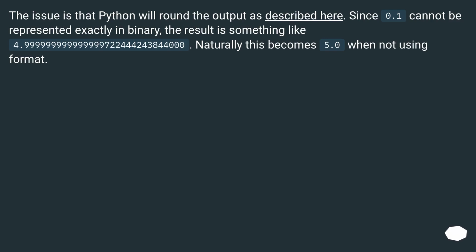Since 0.1 cannot be represented exactly in binary, the result is something like 4.999999999999999722444243844. Naturally, this becomes 5.0 when not using format.